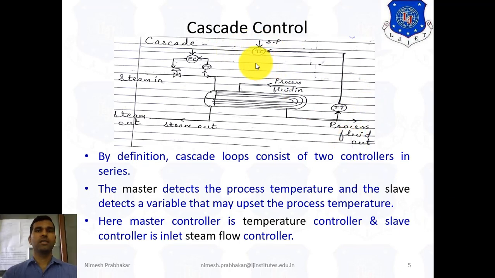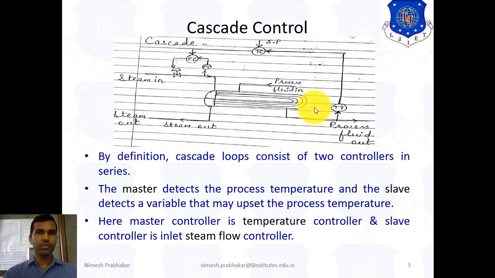So temperature is controlled by this temperature controller, and this also controls the inlet flow of the steam by using this flow controller. See here, the flow is measured by this, and this transmits the flow to the controller, and this valve is used to regulate the flow of the steam.